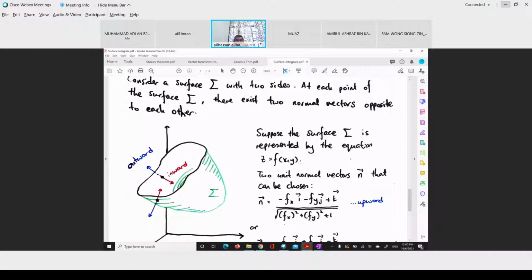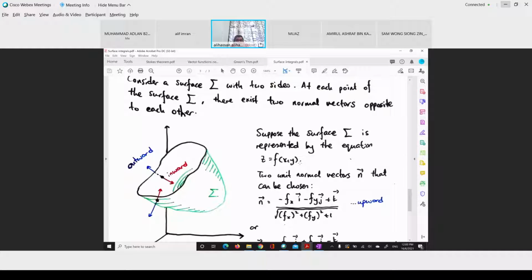There is a right hand rule here. If the normal vector is upward, the thumb is in the outward direction, and the remaining four fingers induce the orientation for the curve C. We call this the right hand rule.